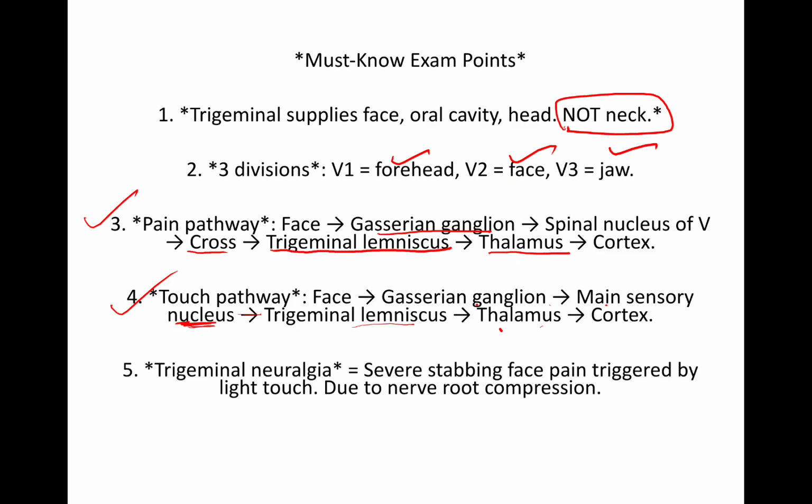Okay. Now trigeminal neuralgia. It is a condition of severe stabbing face pain triggered by even a light touch due to nerve root compression. Whenever you get this word trigeminal neuralgia, you have to remember only one point, that is nerve root compression. That's it.